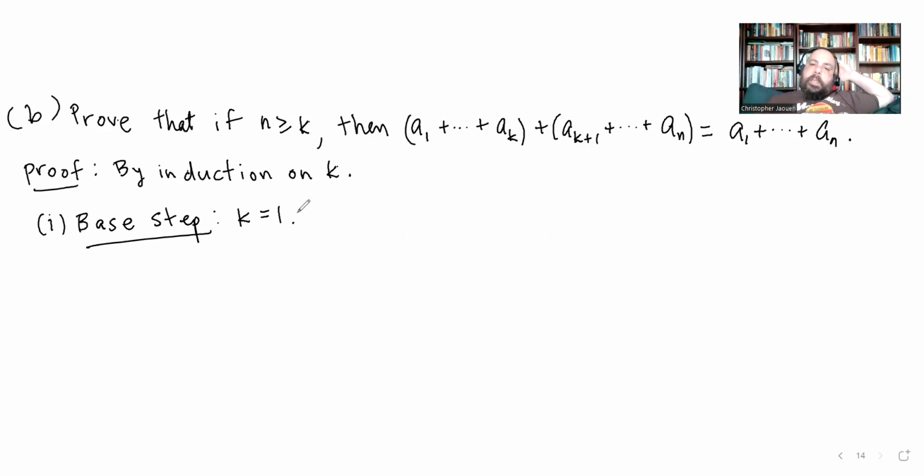For K equals 1, again, we just get the usual definition. So A1 plus A2 is A1 plus A2, just by the definition of a sum.